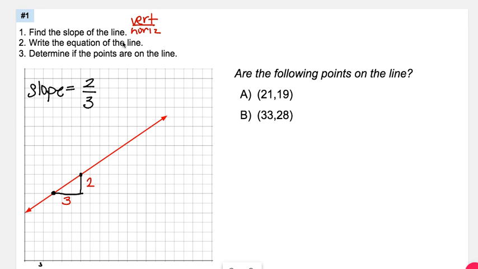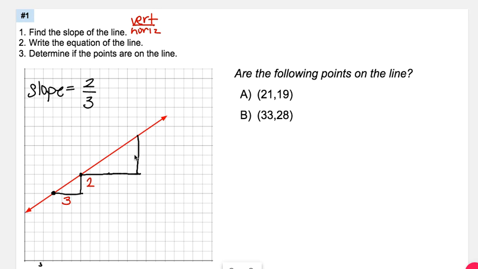Number 2 says write the equation of the line. Now here's the thing. We can create another slope triangle. I could go create tons more slope triangles. I could even make a larger one just like we had in the lesson examples.